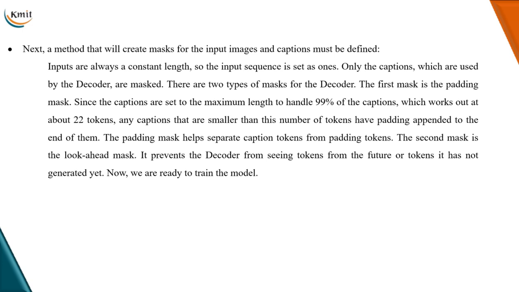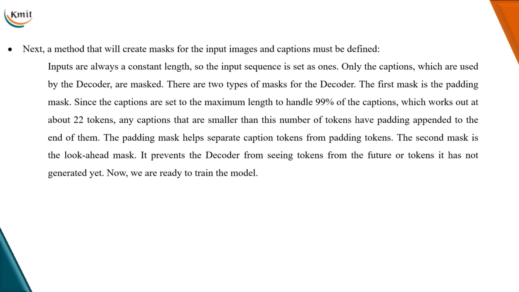Once you're done with all these procedures, we will create masks for the input images, and the captions must be defined. Inputs are always of constant length, so the input sequences are set as ones. Only the captions that are generated by the decoder are masked. There are basically 2 types of mask for the decoder.